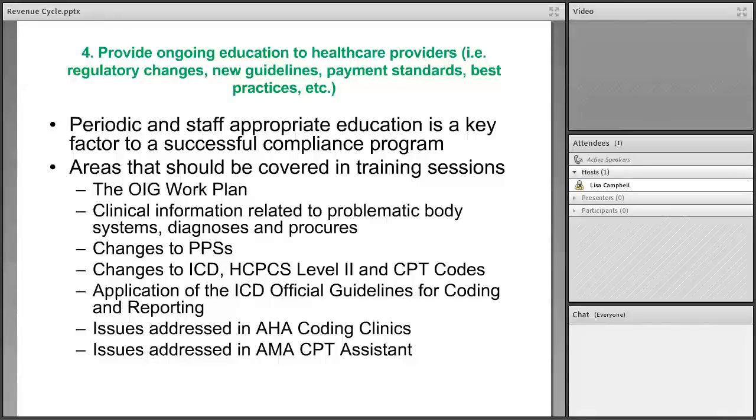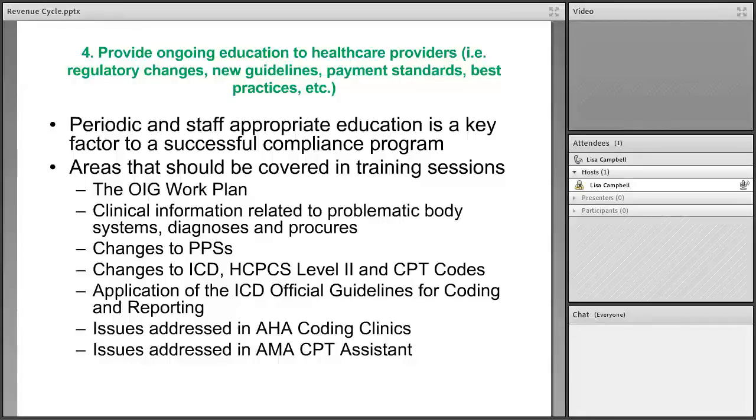We also want to ensure that if there are changes in the prospective payment system, changes in reimbursement, that we are notifying the physicians as well. I can tell you that cardiology is a specialty that often is experiencing a decrease in reimbursement.